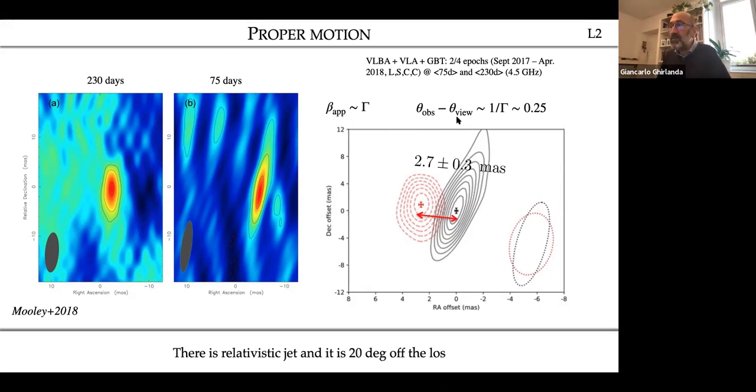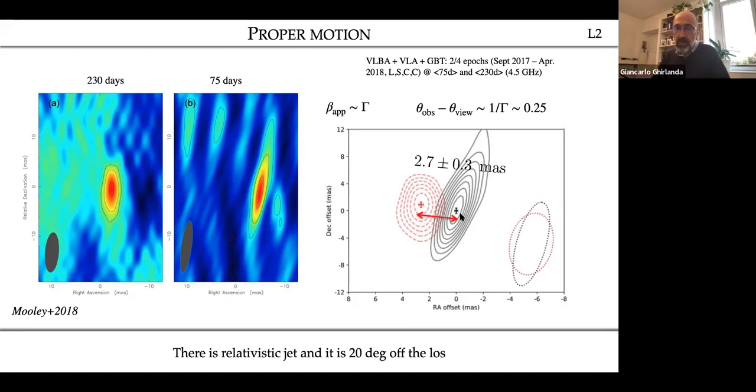And so it turns out that this was the first evidence that in order to justify such a large displacement, we have to think about a source which is moving in the plane of the sky at relativistic speed, and a source which is quite compact.